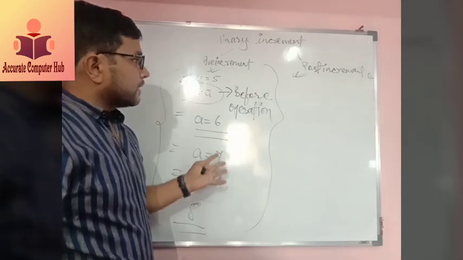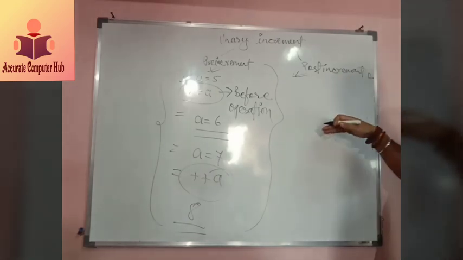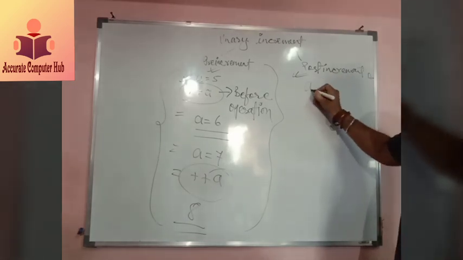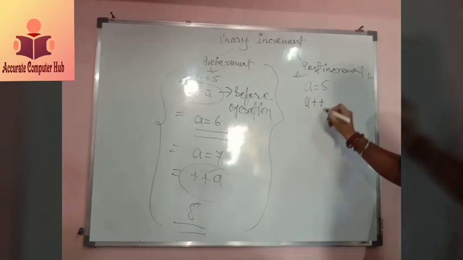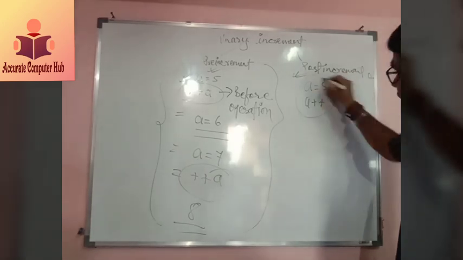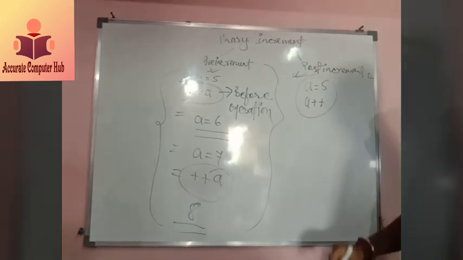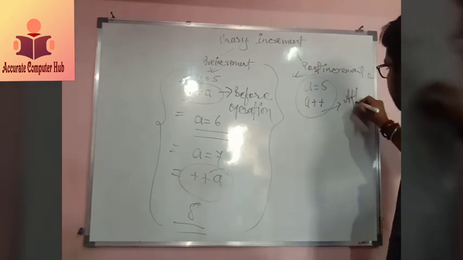This is called pre-increment. Now when we come to post-increment, what is post-increment? In the post-increment, if a equals to 5 and it is given a++, now what you have to do? You have to increase the value of a by 1, but we have one condition. This is called after operation.